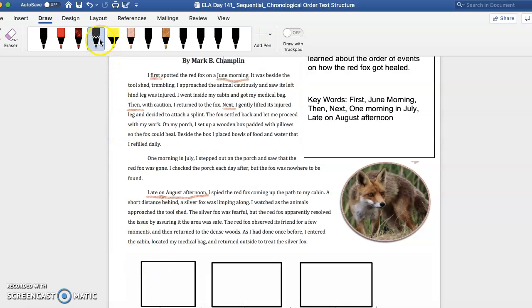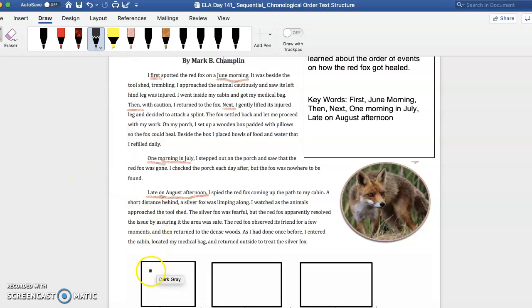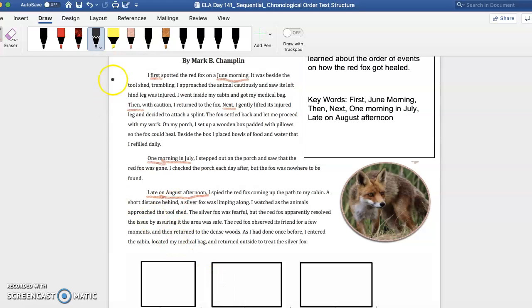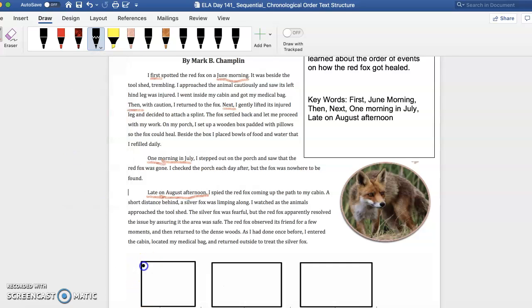So let's go ahead and write that in our timeline as best as we can. So the red, and I really don't like that color. It's too dark. So the red, too light. That's okay. So this one is kind of working out. The red fox.